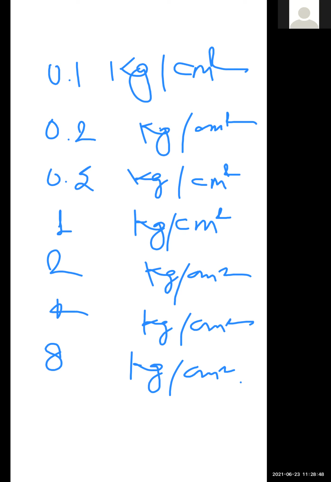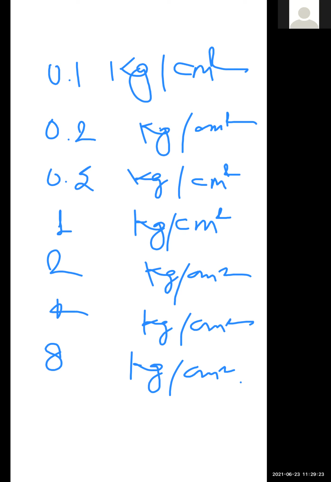Take the final reading of the dial gauge, then reduce the load to its initial load and keep it for 24 hours and note the final reading of the dial gauge. Then quickly dismantle the specimen assembly, remove the excess water on the soil specimen, dry it in an oven, and note the dry weight after drying.